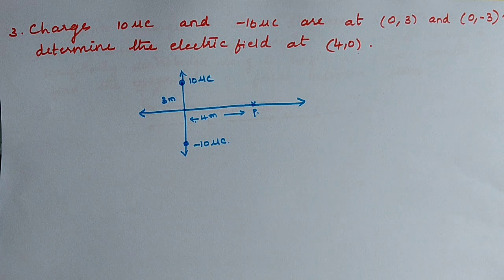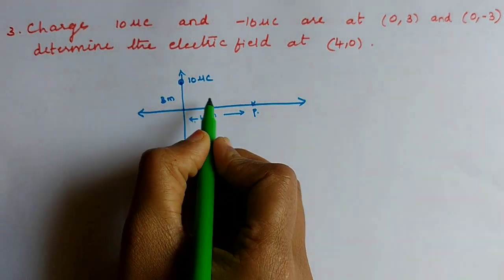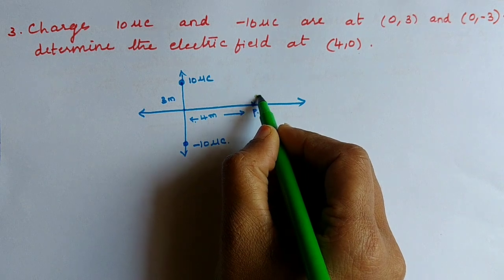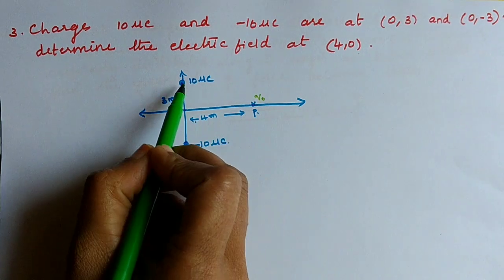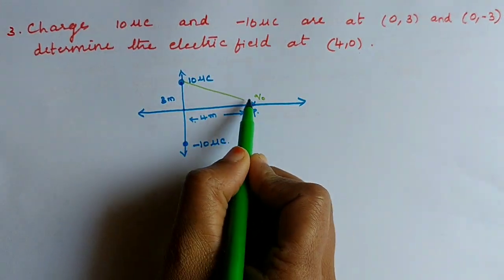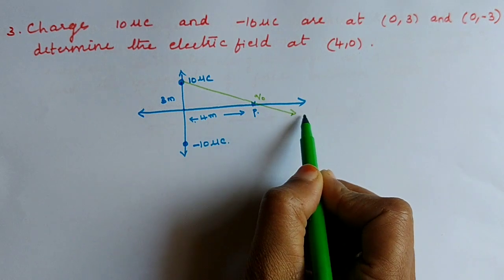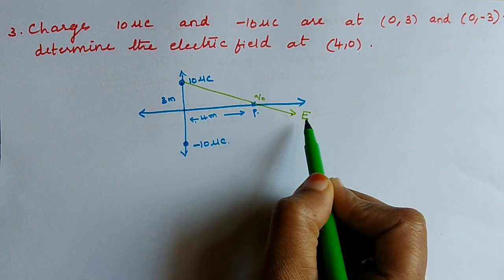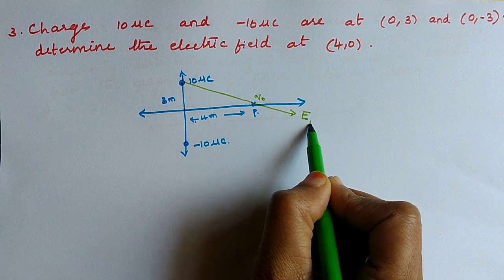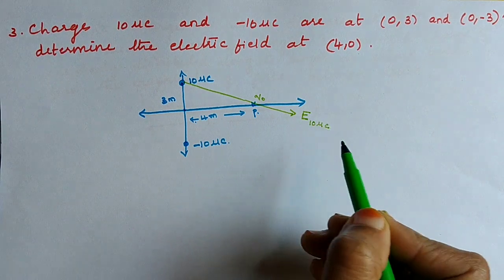First identify the direction of the two electric fields due to plus 10 and minus 10 microcoulomb. Imagine a test charge Q naught. It would repel due to this positive charge, so the field is directed away. This is the field due to the charge, that is 10 microcoulomb.